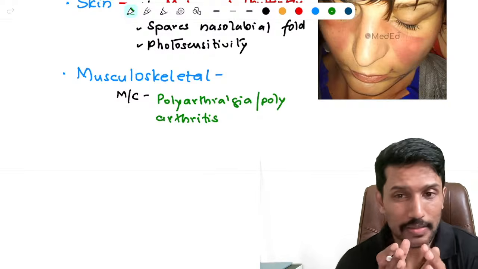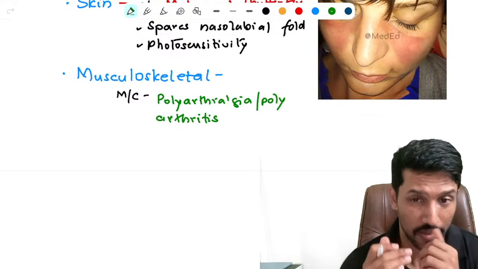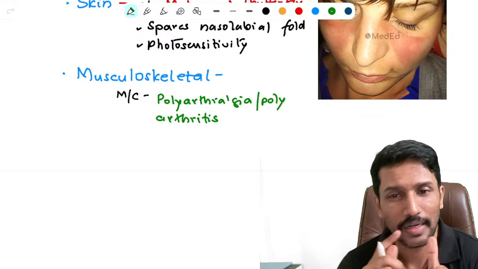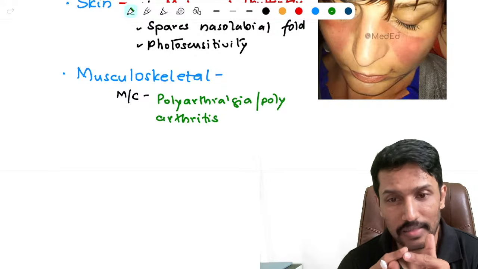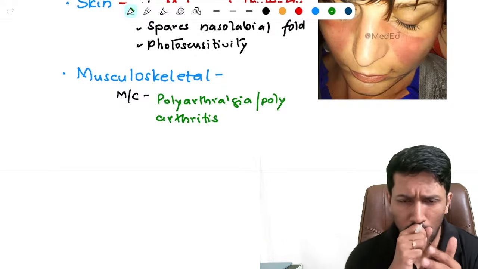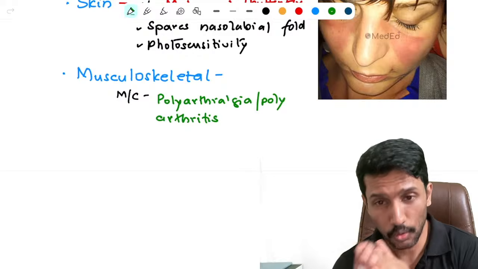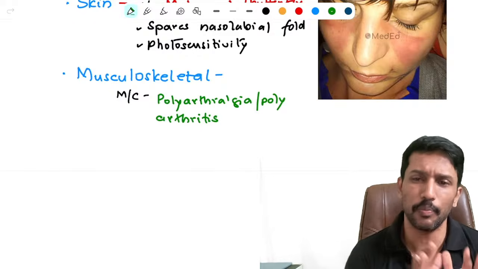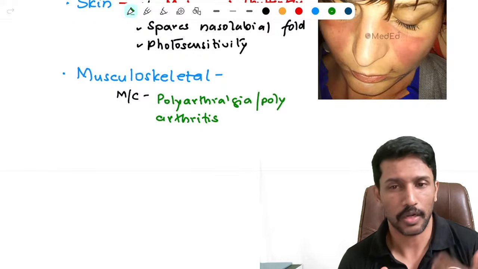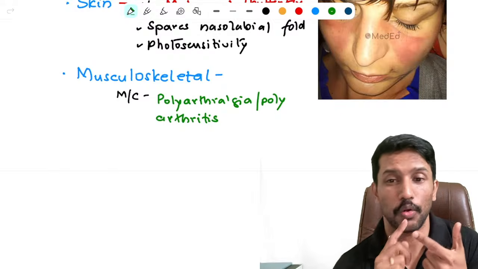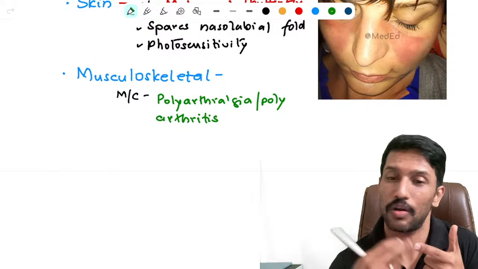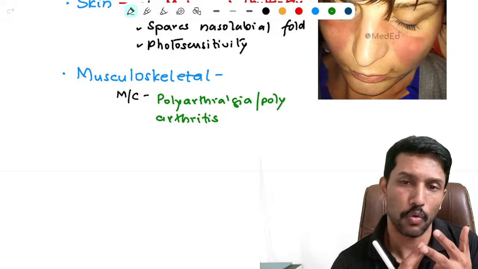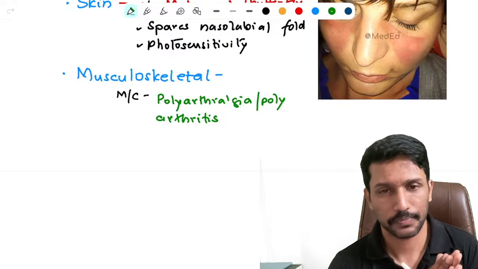In arthritis, there is evidence of joint inflammation. What is the evidence of joint inflammation? Tenderness, redness, and swelling. If there is no tenderness, redness, or swelling, and the patient is just complaining of joint pain, it is arthralgia. But on examination, if you notice the joint is tender, red, or even warm and swollen, then you know it is inflamed.